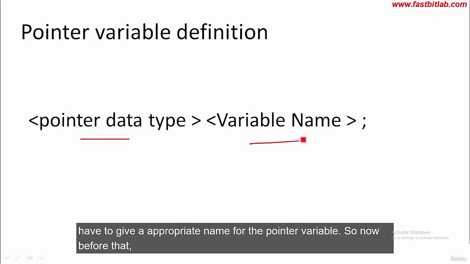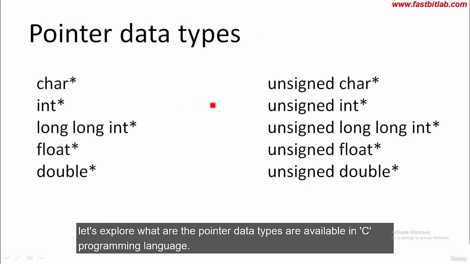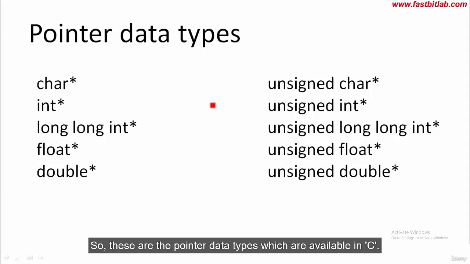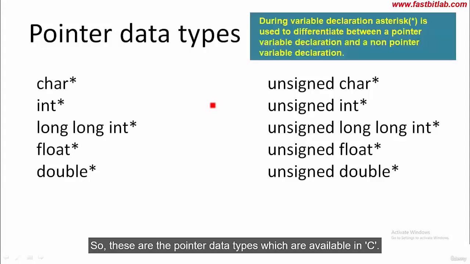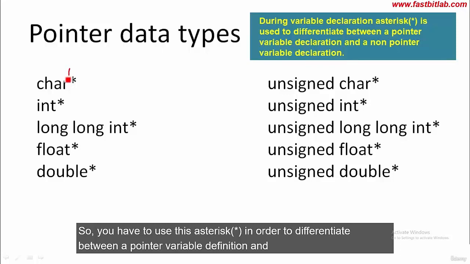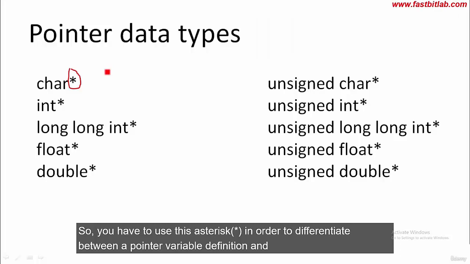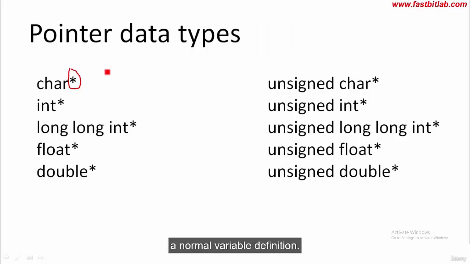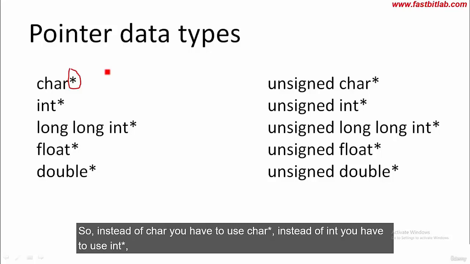Before that, let's explore what pointer data types are available in the C programming language. These are the pointer data types which are available in C. You have to use this asterisk in order to differentiate between a pointer variable definition and a normal variable definition. So instead of char, you have to use char star. Instead of int, you have to use int star. Like that.